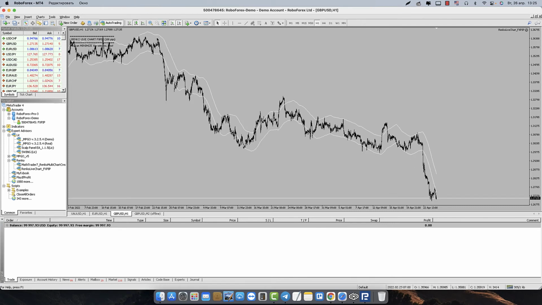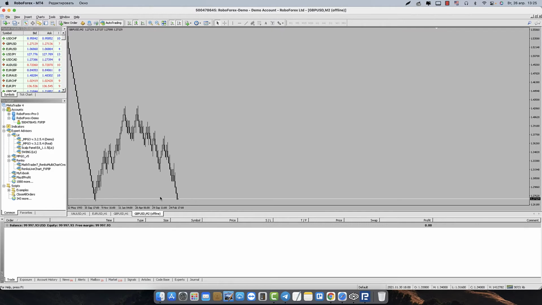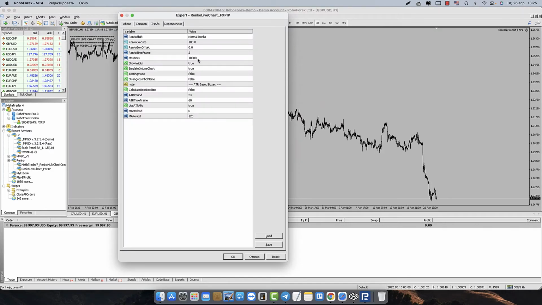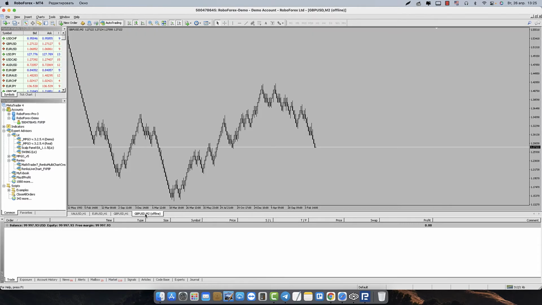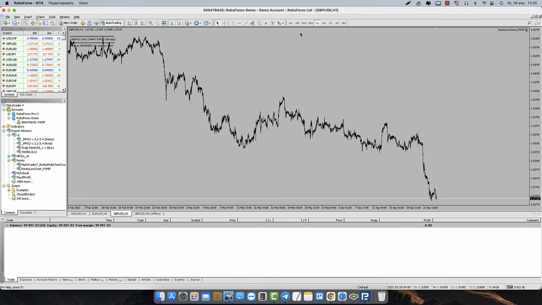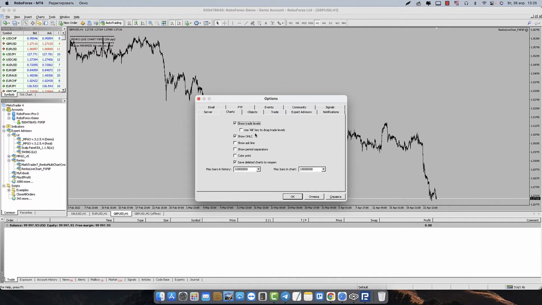GBP/USD. See, sometimes it's not buying a lot. If we do it like this, now it's better. What about options charts?